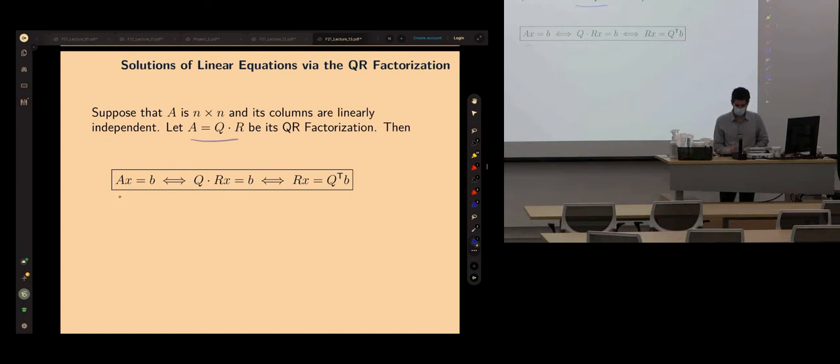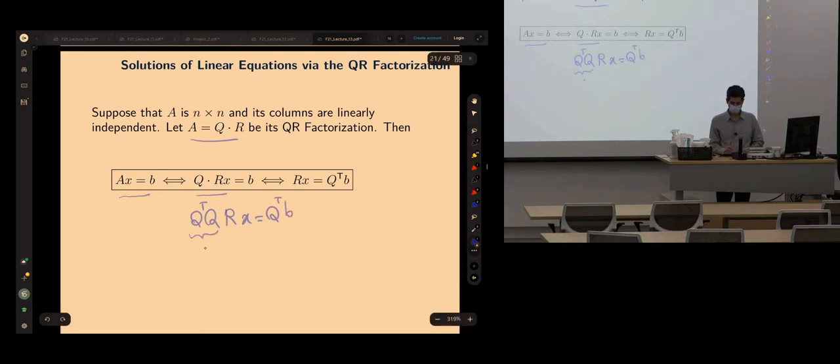Then I have AX equals B. I can substitute A to be Q times R times X equals B. Then I can multiply both sides by Q transpose, and Q transpose Q, again, is the identity.